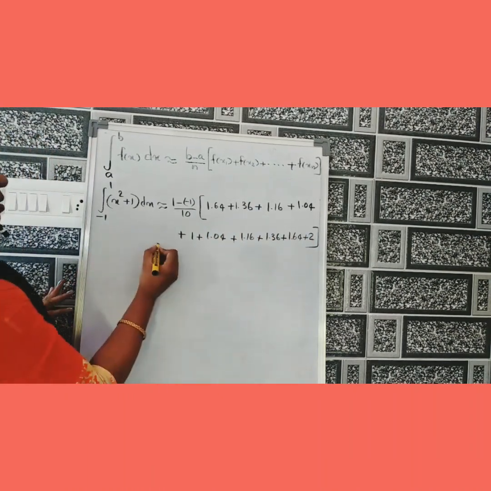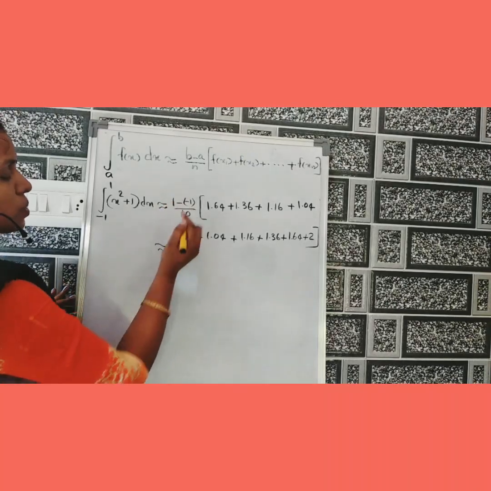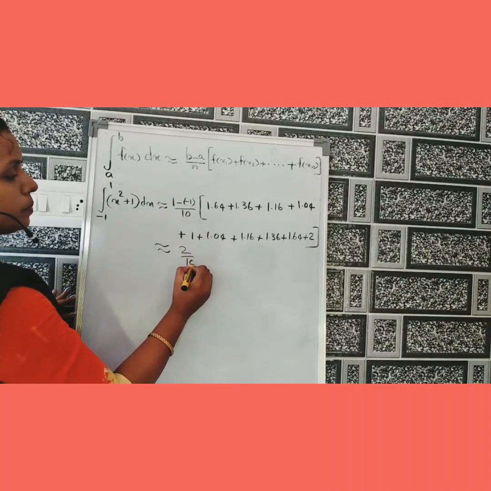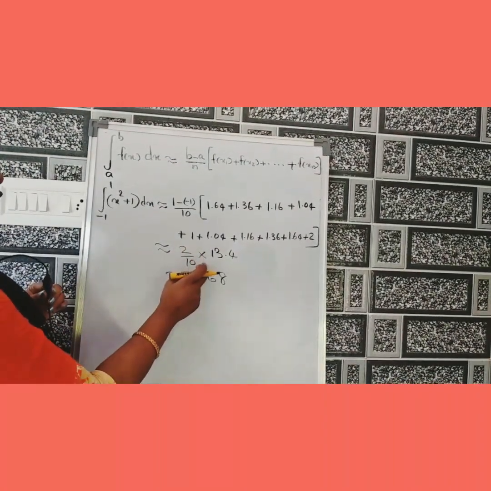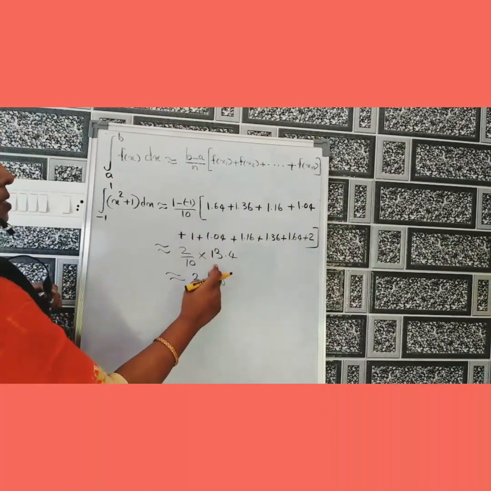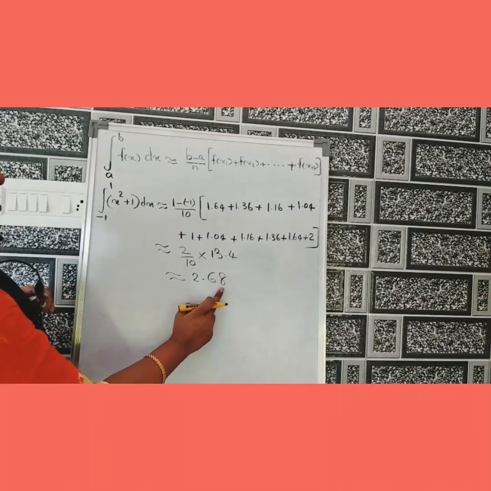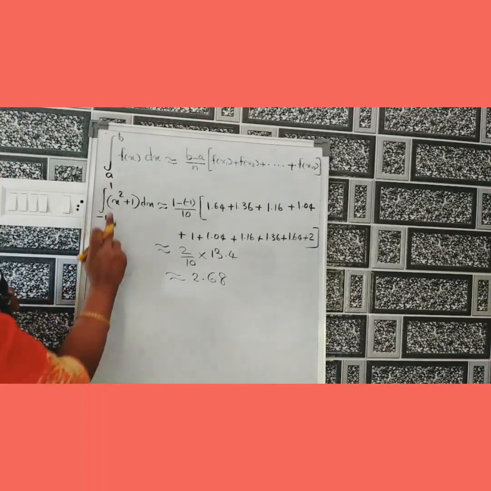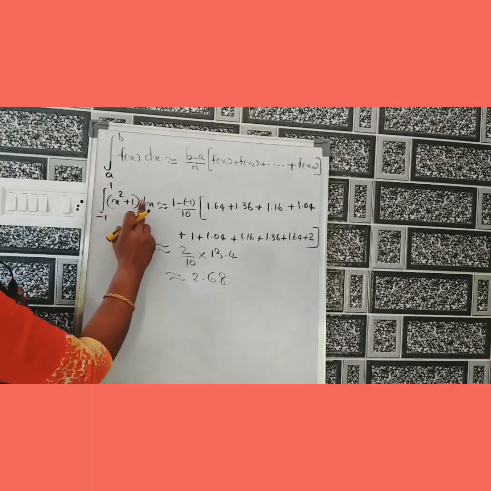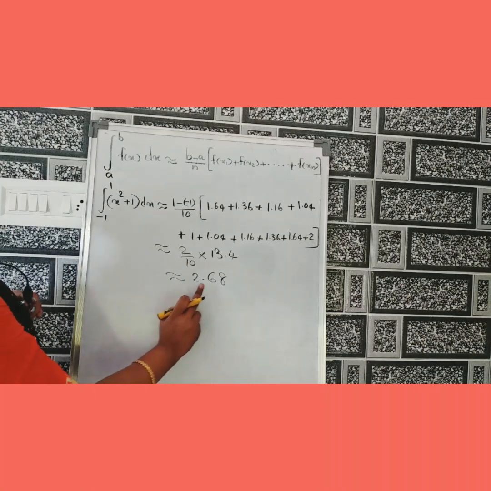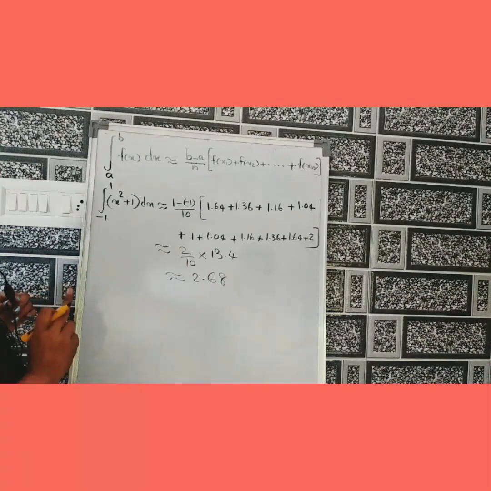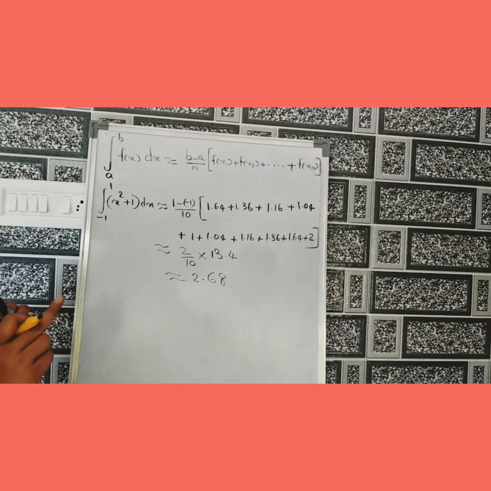That is equal to 2 by 10 into the sum of these values, which is 13.4. After calculating this, we get 2.68. That is, the integral from minus 1 to 1 of x square plus 1 dx is approximately equal to 2.68. First part of the question is over.